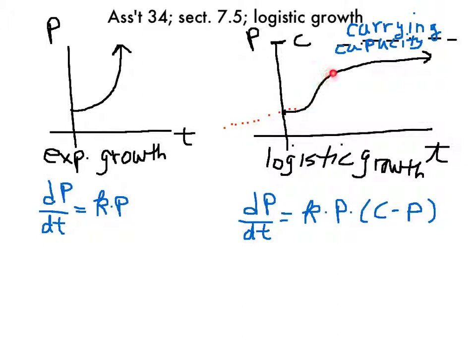And as the population approaches C, this factor here leads also to dP/dt being zero. So there's two places where dP/dt is going to approach zero: when the population is getting very small, and when the population is approaching C. And that's why both of these terms have to be present.